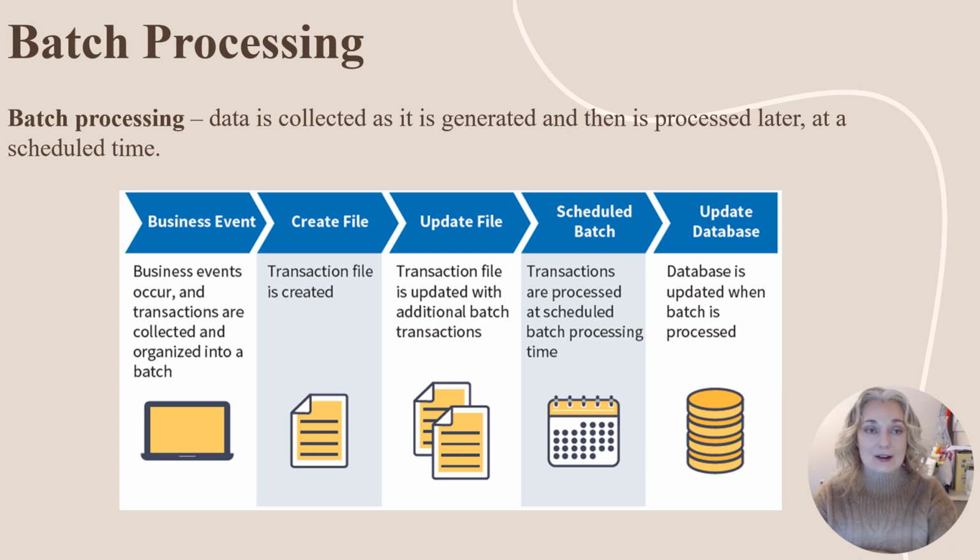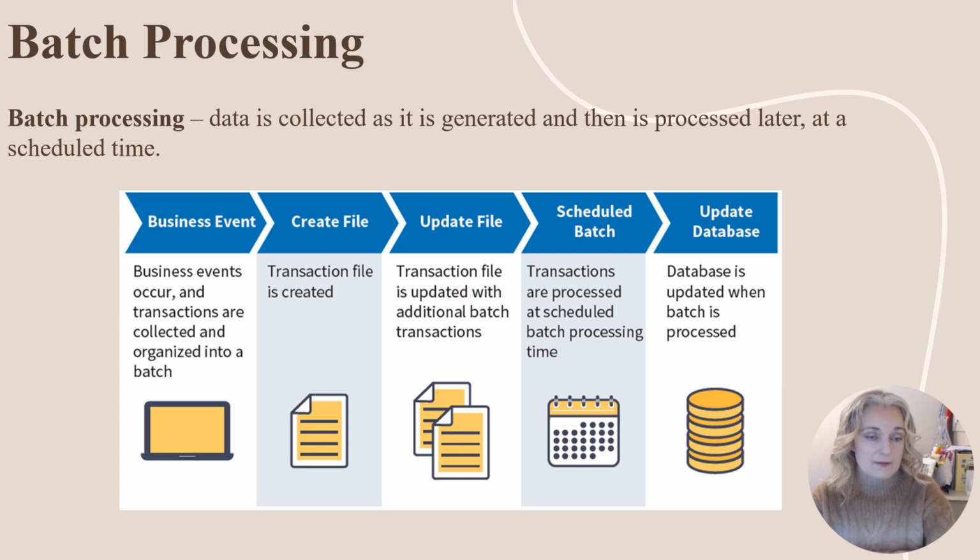Now let's talk about batch processing. Batch processing occurs when data is collected as it is generated and then is processed later at a scheduled time. So for example, let's say we have a grocery store. All the daily transactions are collected, and then you have just one upload into the database at the end of the day. So what occurs in this type of system, we have the business event.